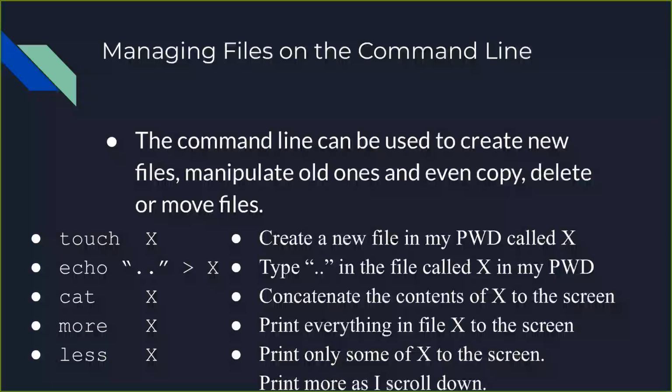You can scroll down in the file, and you can scroll up in the file, and you'll only be looking at a small block of lines, and that just makes things easier to read. Like I said, especially if you're working with giant log files, the less command makes life a whole lot easier than cat or more, because not only might you have to wait a while for the cat or more commands to finish running, but it's just easier to read.